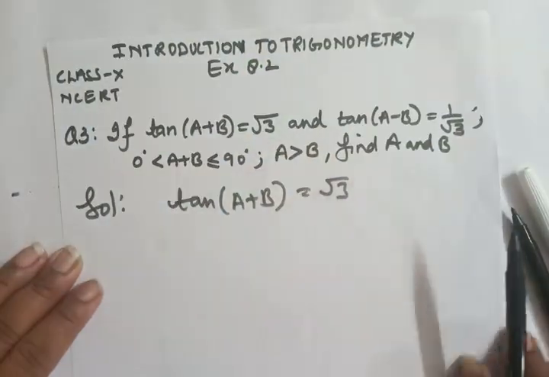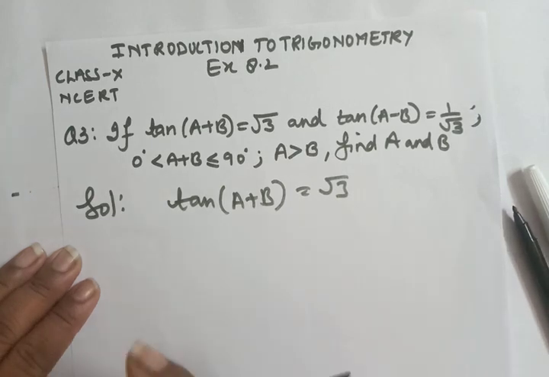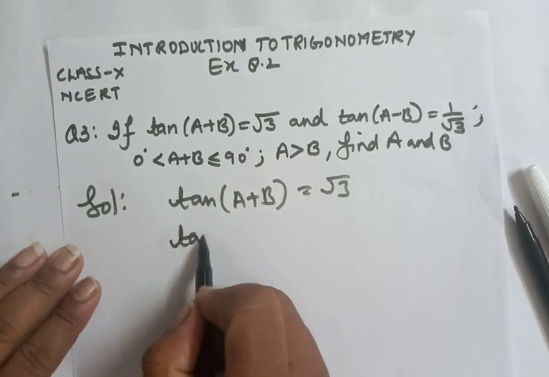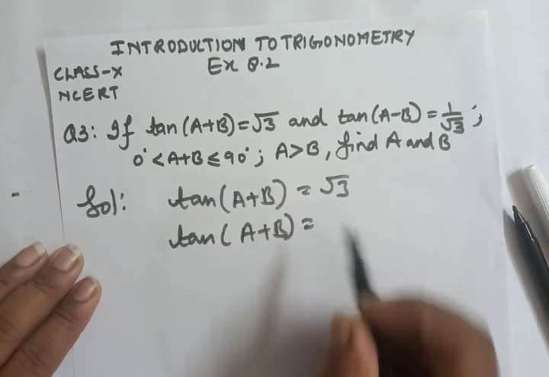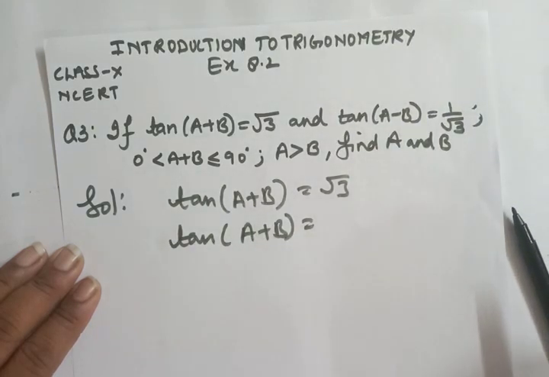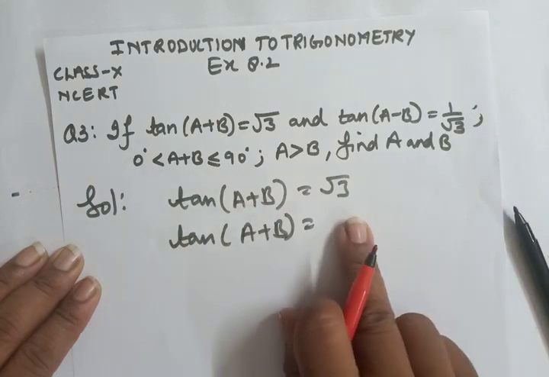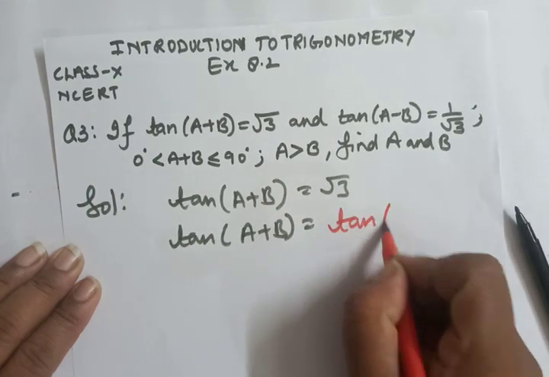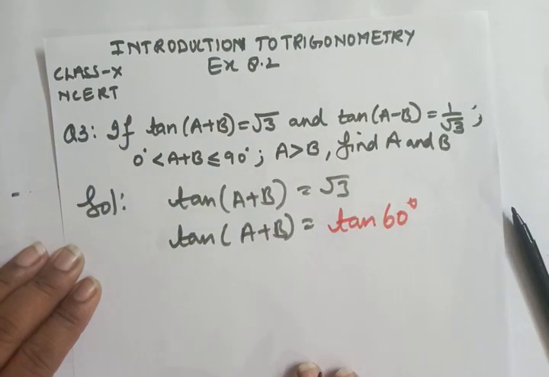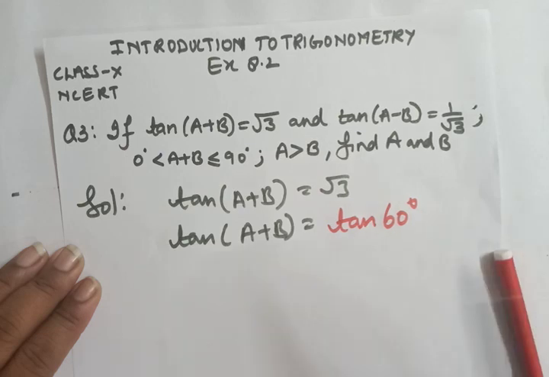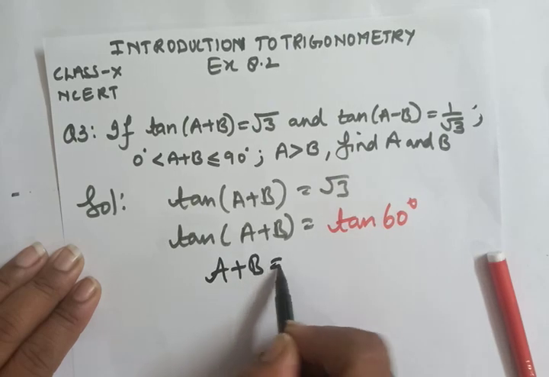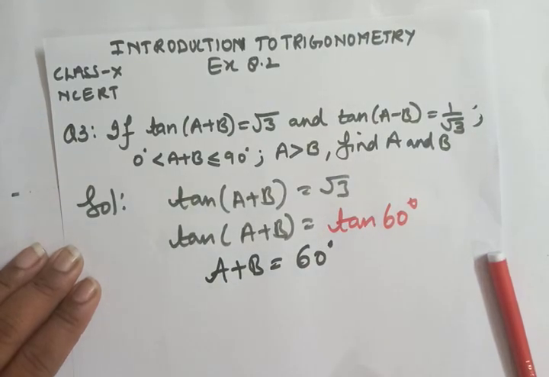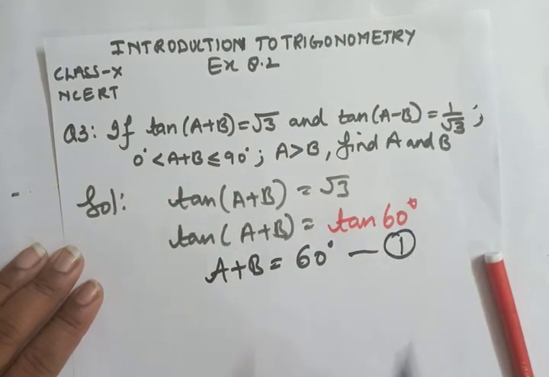I hope it is clear how we are going to use this. We will write tan (A plus B) is equal to, instead of root 3, we can write tan 60 degree. Now tan will be cancelled out, and we have A plus B is equal to 60 degree. This becomes the first equation.